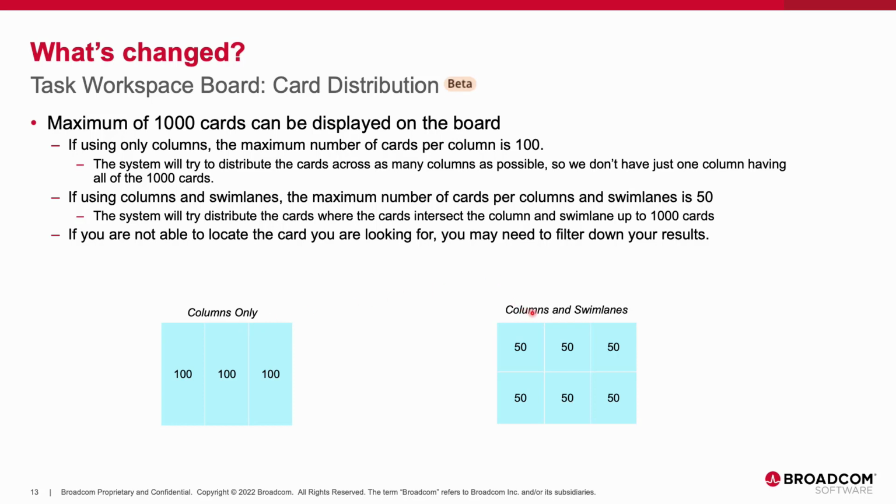If you're using both columns and swim lanes, the maximum you can have at an intersection of a column and swim lane is 50, and we try to distribute that up to 1,000 cards. There could be situations within that 1,000 where you may not be able to see the card you're looking for. In that situation, you'll need to filter down your results to get the cards that you want to update.